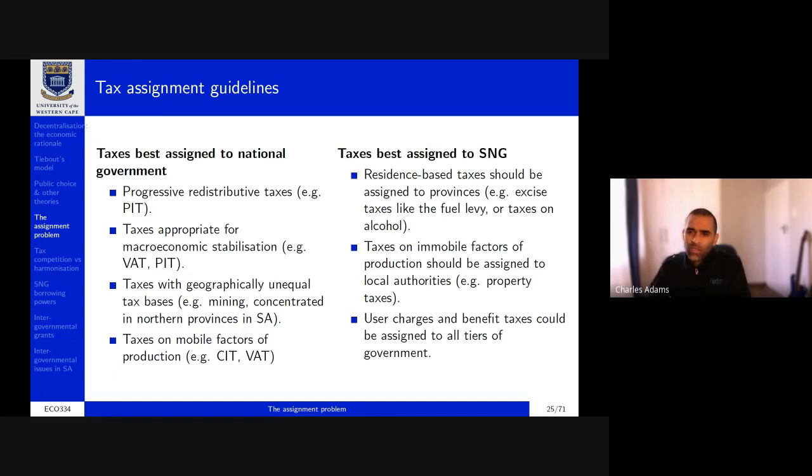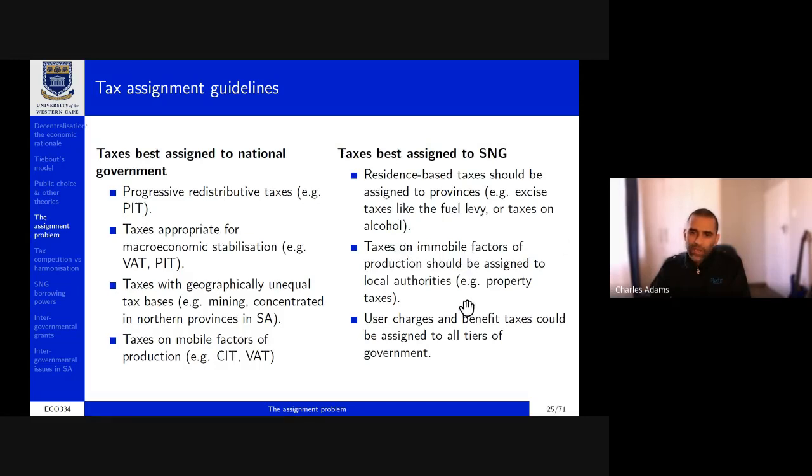So you can imagine something that extreme, perhaps, unless national law prohibits that, and you can imagine much more restrictive policies and higher taxes on alcohol in some provinces.